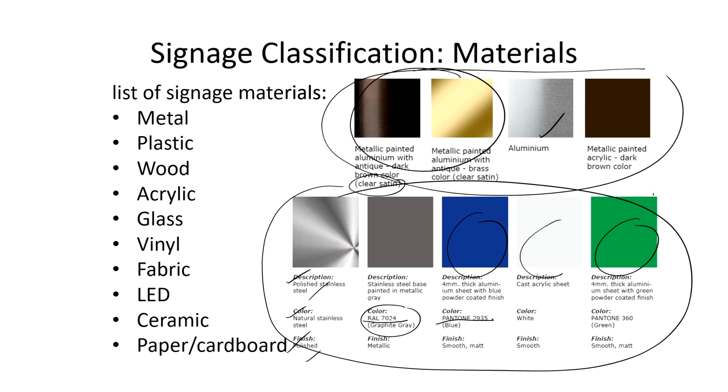Apart from this, as I told you, there is also one more classification which is based on the content. For example, when a contractor has to print 30,000 signages in one go, they develop the screen printing based on certain content.